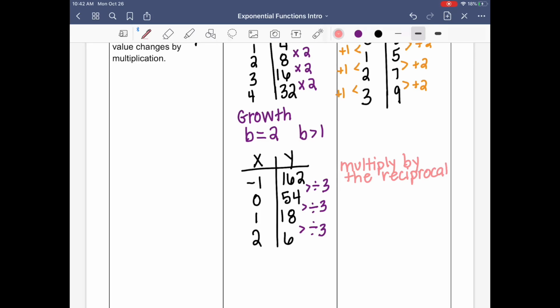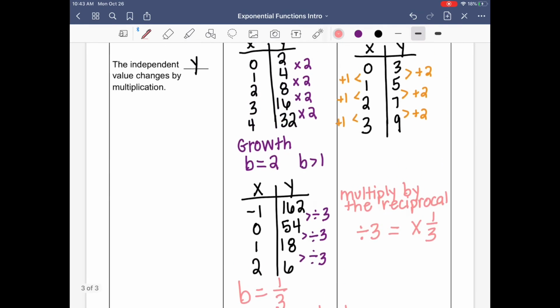Dividing by 3 is the same thing as multiplying by 1/3. So my base in this problem is 1/3, and that's going to represent decay, because it's between 0 and 1. It's less than 1 in this particular problem.